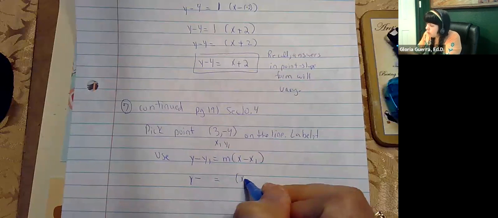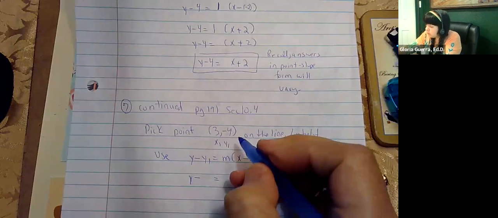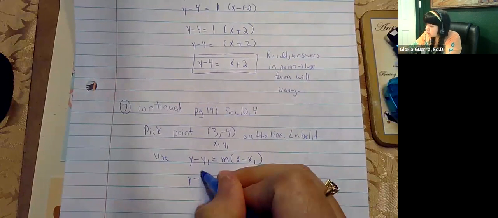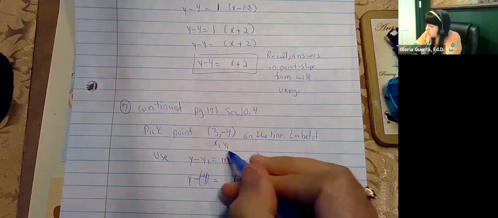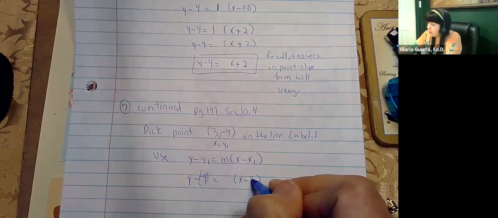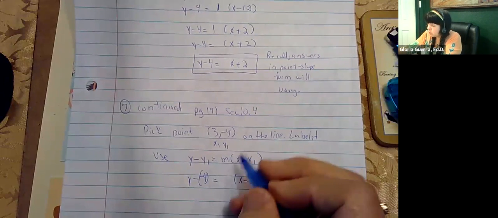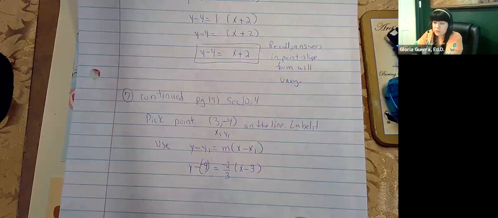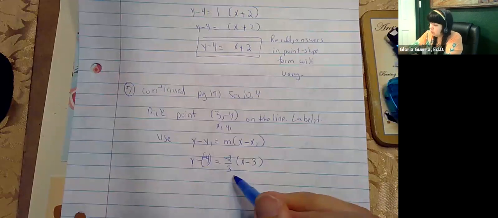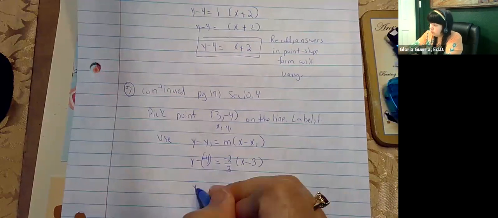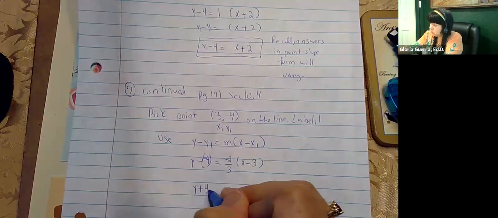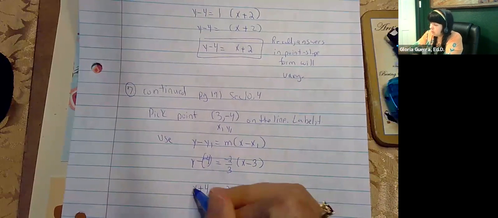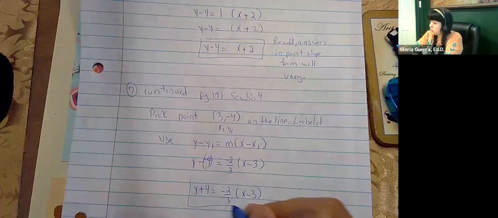Y1 is -4. X1 is 3. And remember, we found m to be -2/3. If I clean this up and double negatives make a positive, this would be y plus 4 equals -2/3 parenthesis x minus 3. And that would be writing your answer.